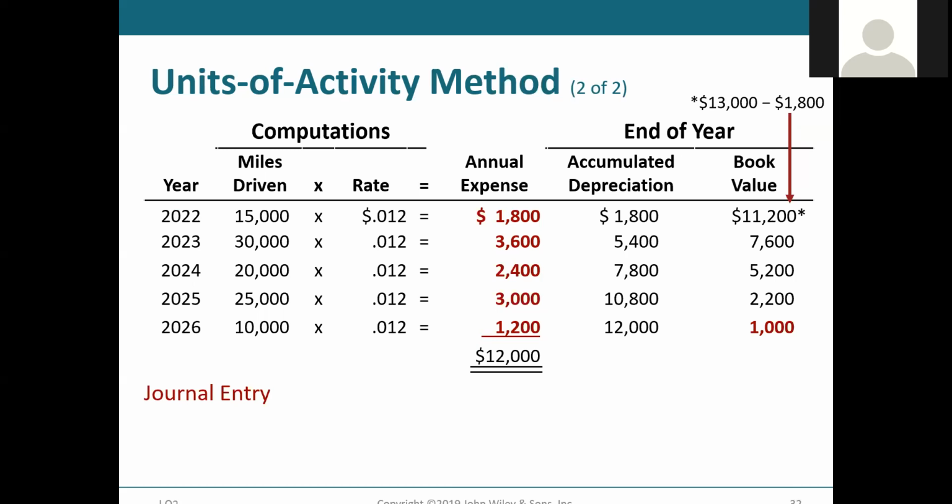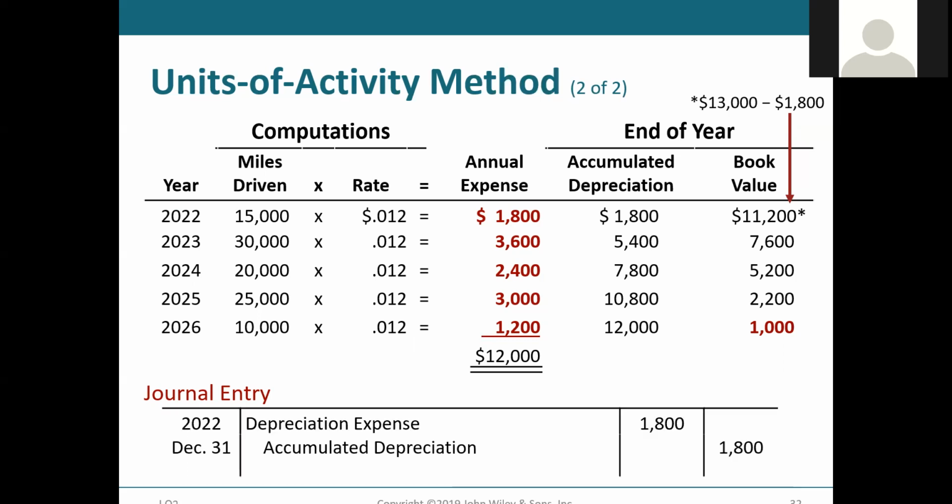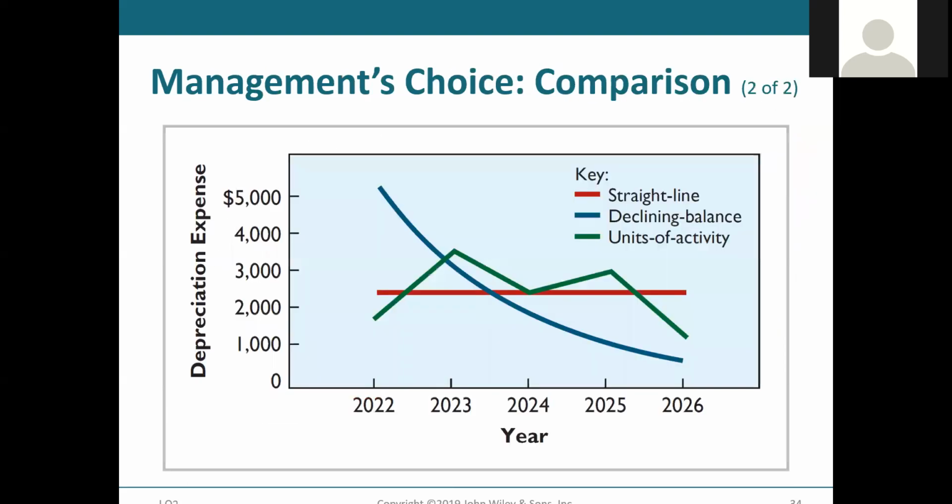You debit depreciation expense and you credit accumulated depreciation. And so on and so forth until you get down to the book value of $1,000, okay? Here's our journal entry for the first year.